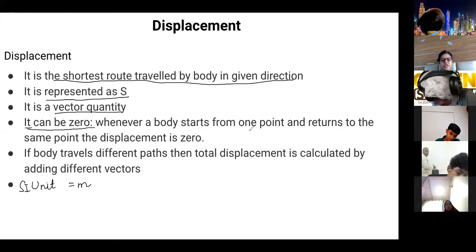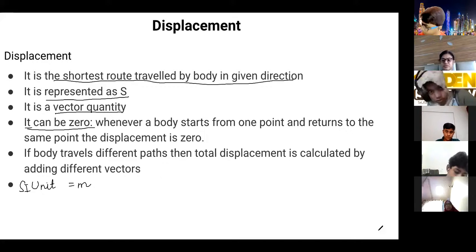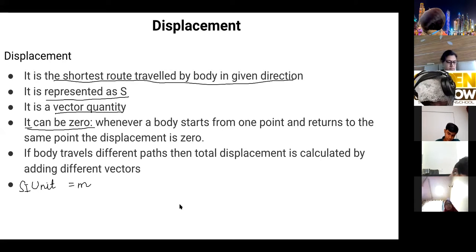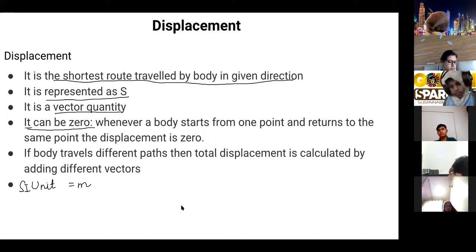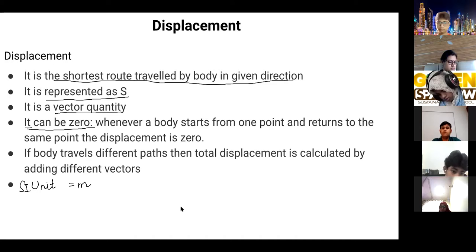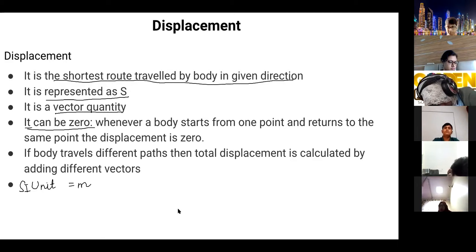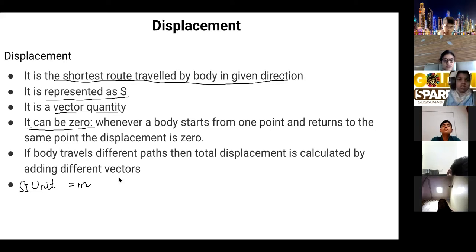Only thing is you have to represent a direction also. It is a vector quantity. Okay, done.